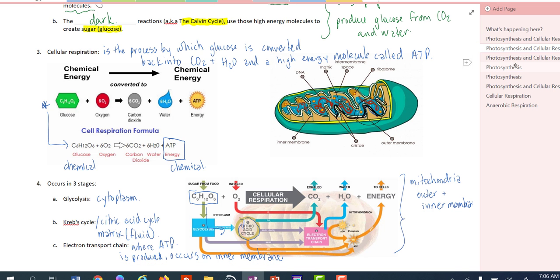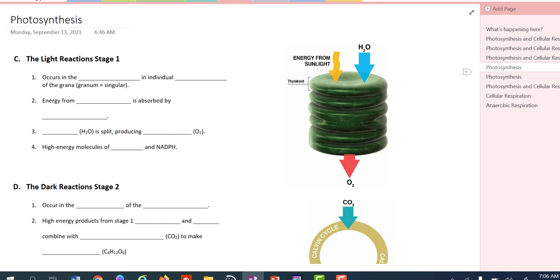So what we are going to do is look more closely at the reactions of photosynthesis, starting with the light reactions, which remember are stage 1. The light reactions occur in the chloroplasts, in what are called the thylakoids.